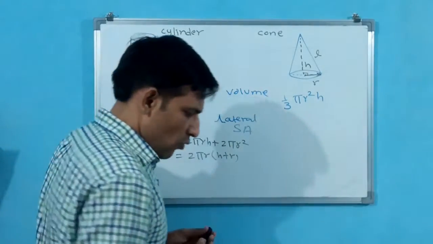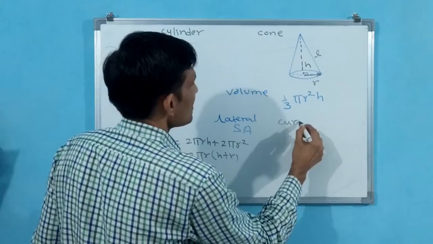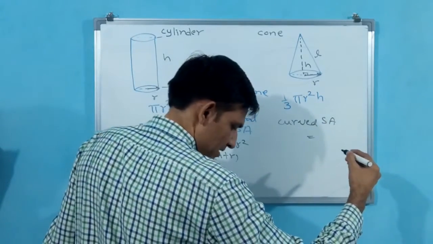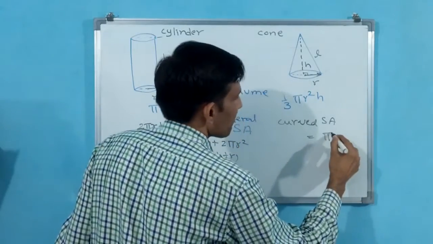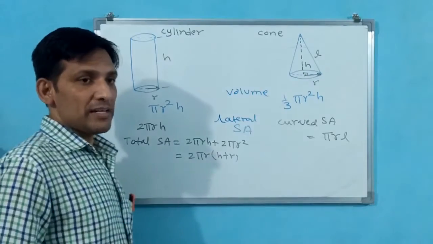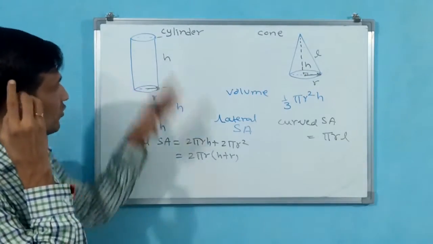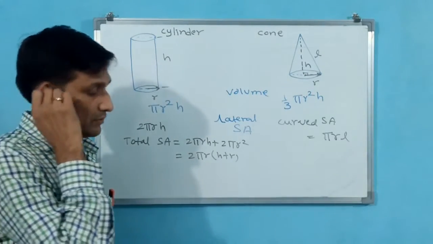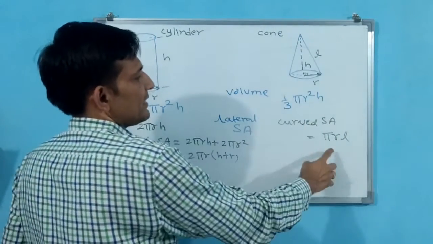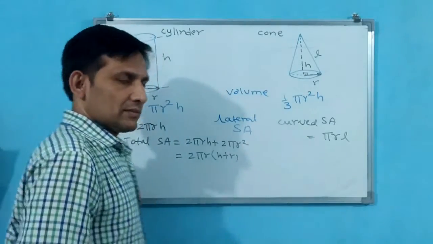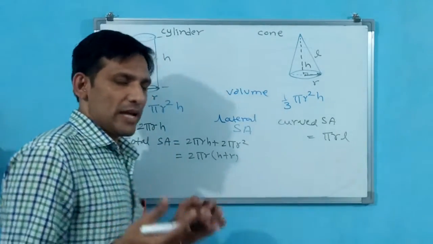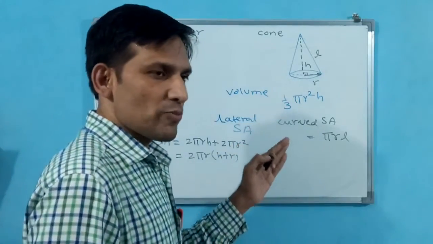What about the cone's surface area? Curved surface area is equal to pi RL. Pi RL, not 2 pi RL. 2 pi RL would automatically become bigger, you should not take that much. Why? Because L is the slant height and pi RL. Area means you have to reduce two times, 2 pi r, not 2 pi r by 2.